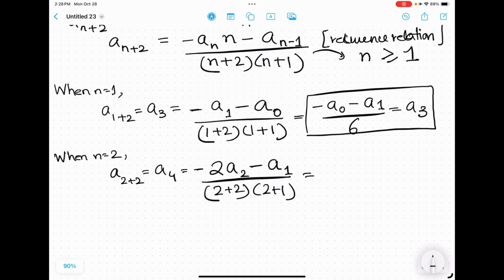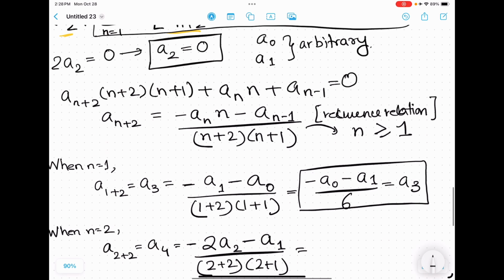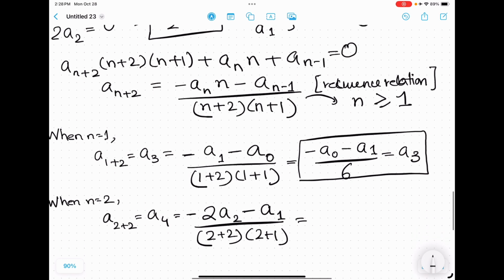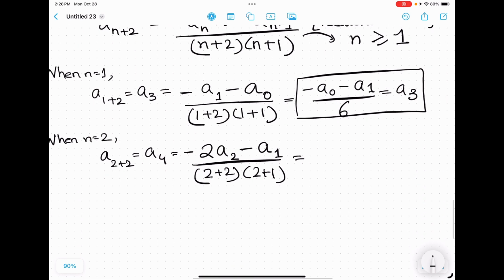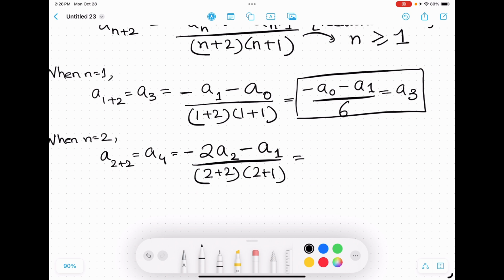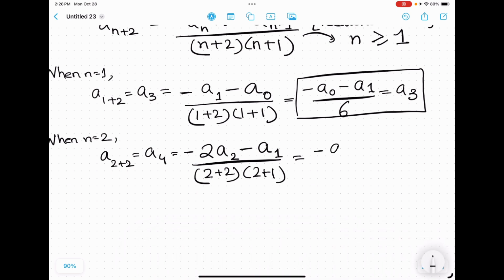Now, if I look at our a sub 2, remember it equals 0. That means my first term is 0. And then I have my a sub 1, which I already said is an arbitrary number. So my numerator is just negative a sub 1. In my denominator, 2 plus 2 gives me a 4, and 2 plus 1 gives me a 3, and 4 times 3 is 12. So this is my a sub 4.